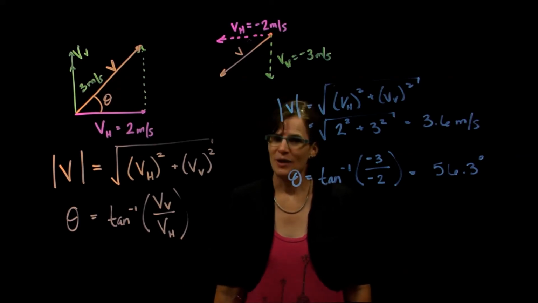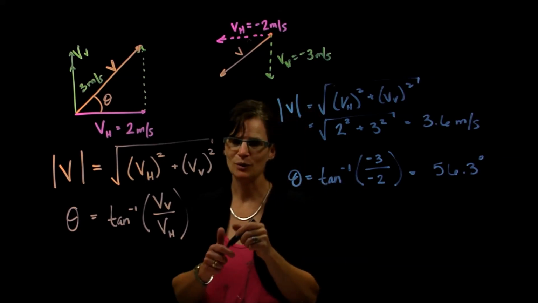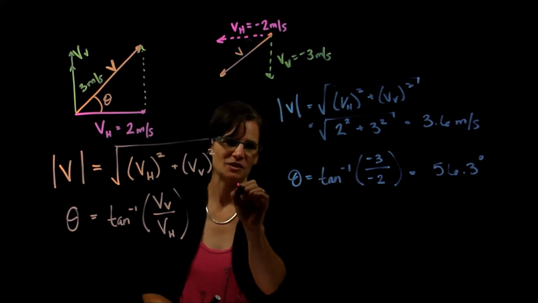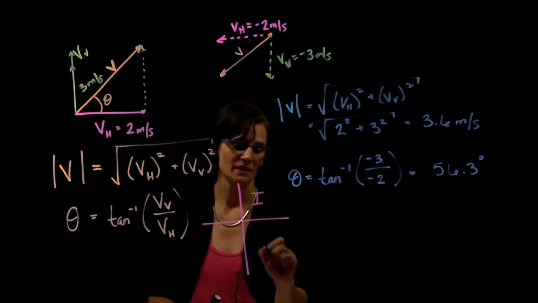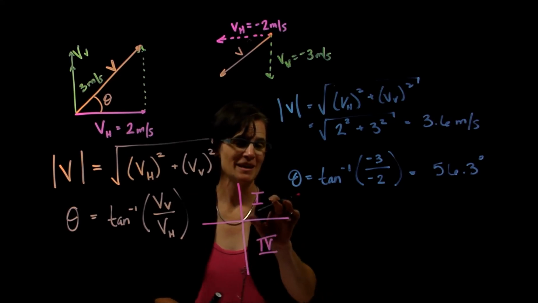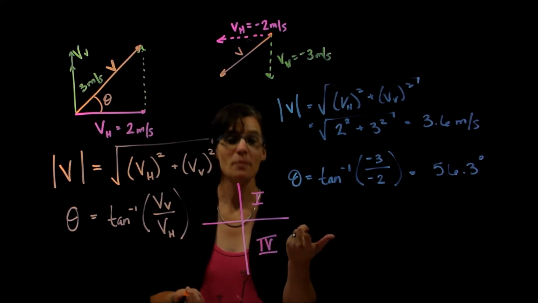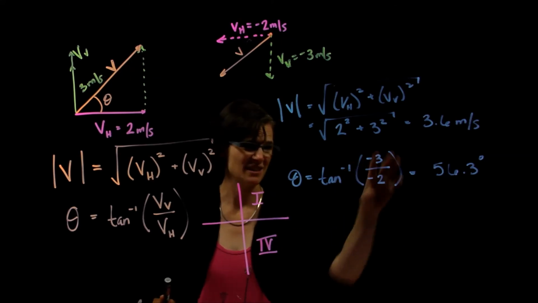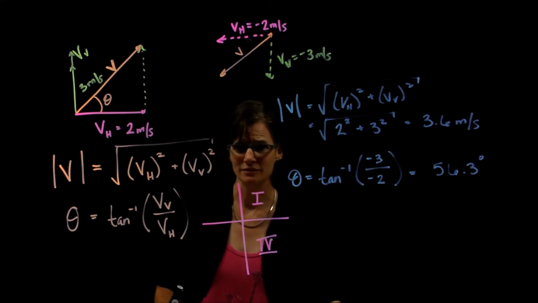Well, that requires us to remember what tangent gives us. The inverse tangent will only give us angles in 2 of the 4 quadrants. Quadrant 1 and quadrant 4. So when it gives me an angle in quadrant 1, that tells me it's going to be positive. And if I divide two negative numbers, I get positive. This mathematically looks no different than our previous example when these two were positive.